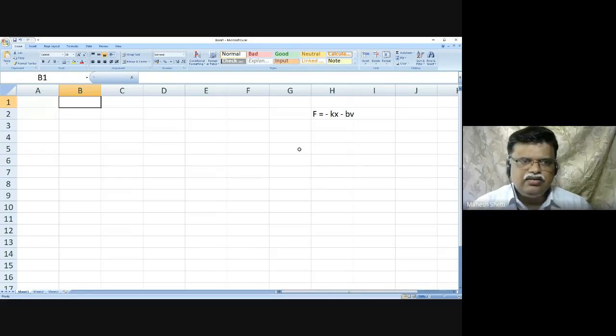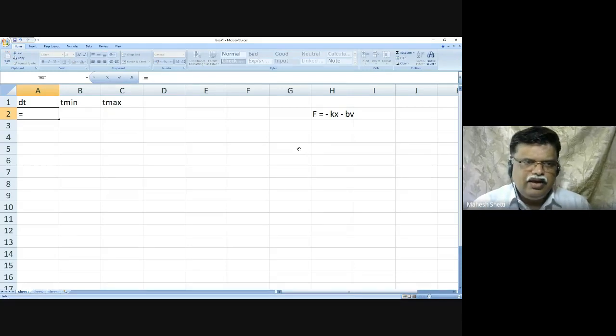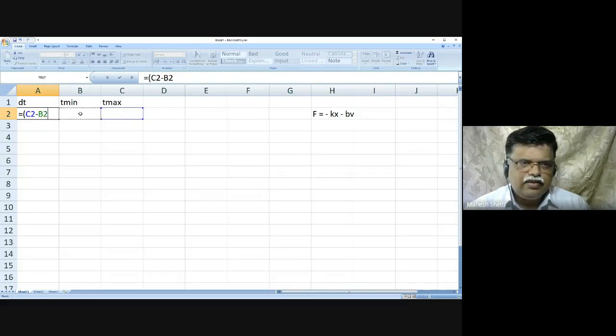So let me write the values of dt and t. T minimum value and T maximum value I can decide, and I can find out what is the increment in time. Remember, this is the kind of template we are making first. Suppose I want to iterate for say 1000 points.